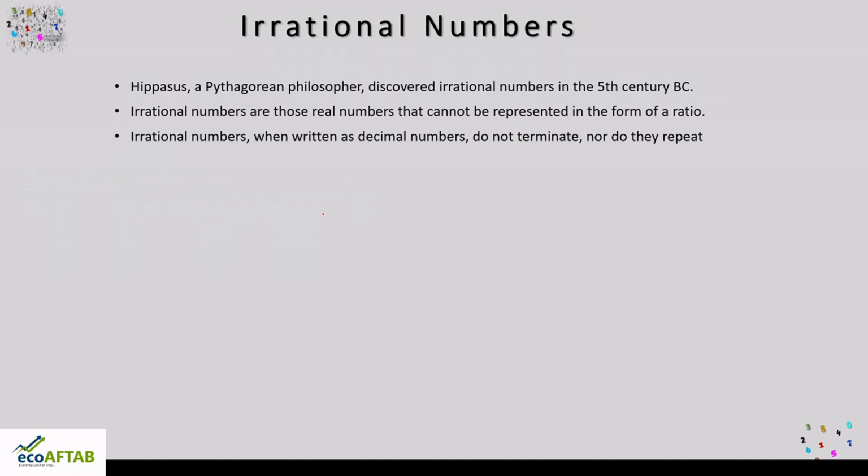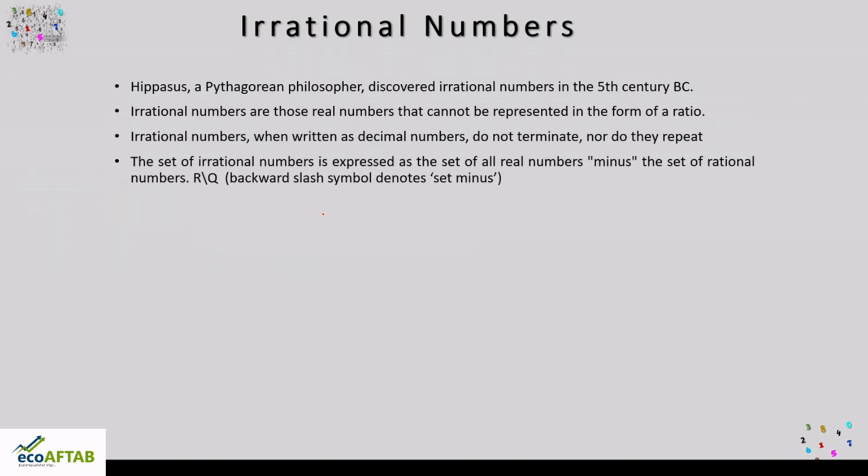Let us see what these numbers are. The set of irrational numbers is expressed as the set of all real numbers minus the set of rational numbers. So R minus Q. The backward slash symbol indicates the set difference, that is minus.